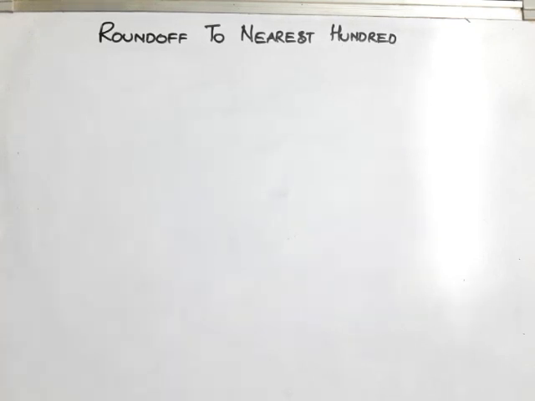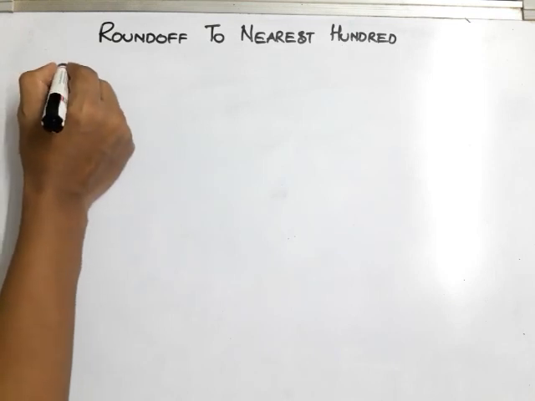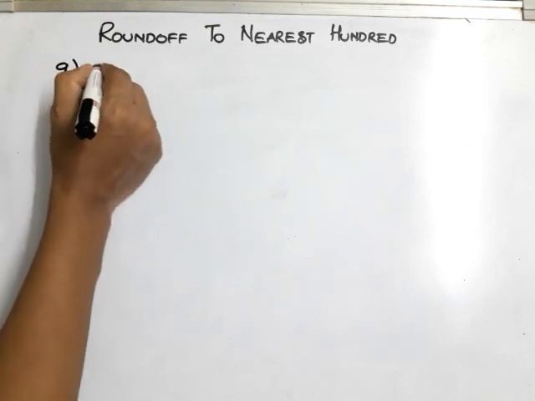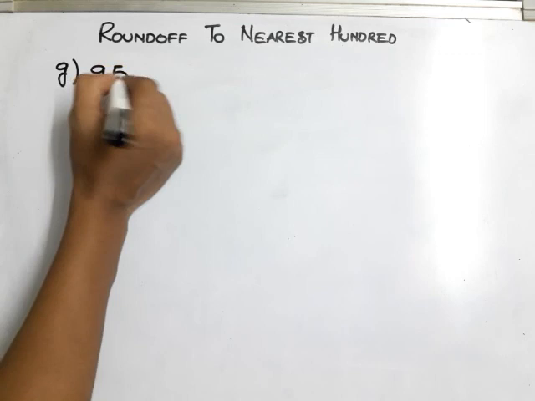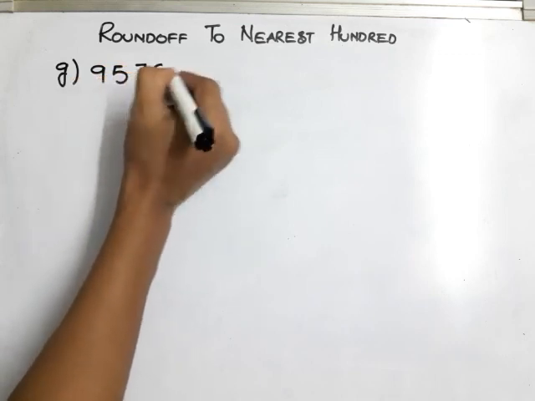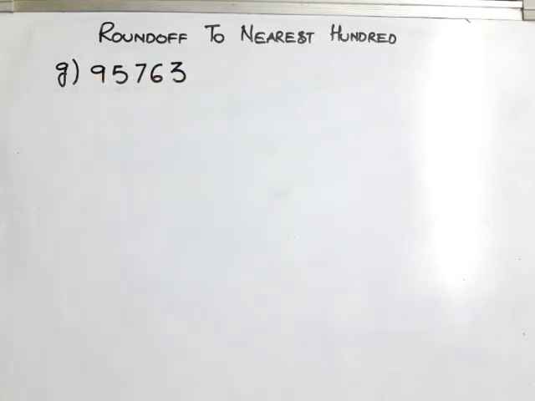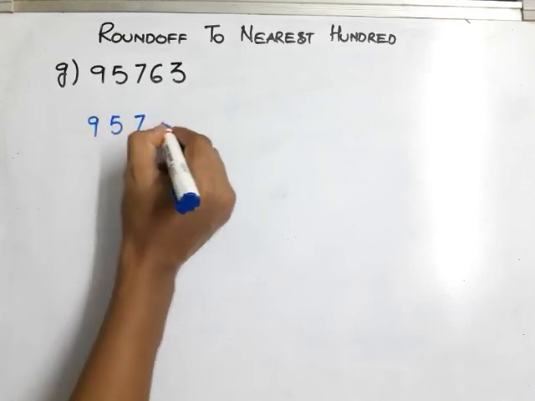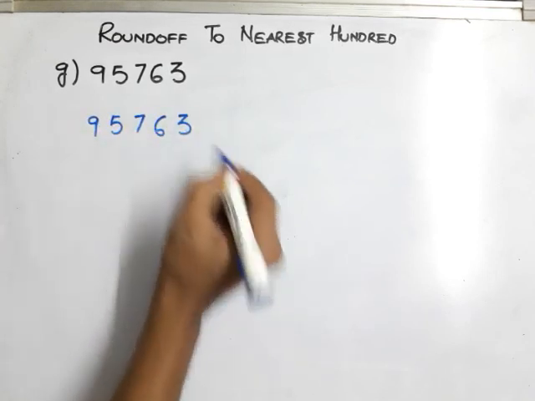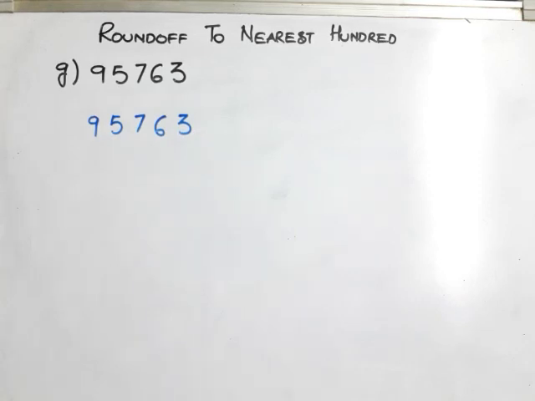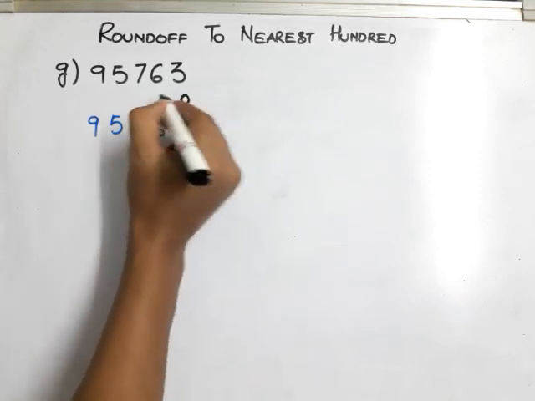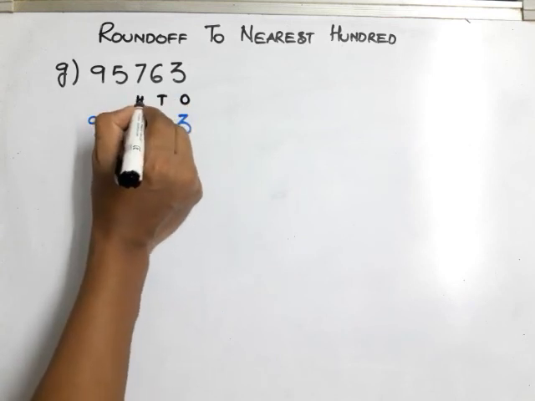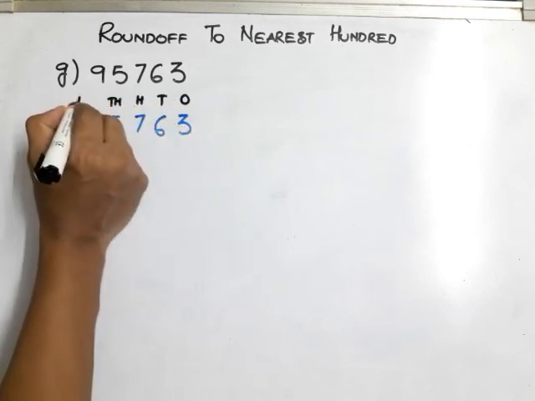This is going to be the last problem of today's class and the concept also. So please follow me carefully. I am taking 95,763. If you write the place values of the respective digits: ones, tens, hundreds, thousands and 10,000s.